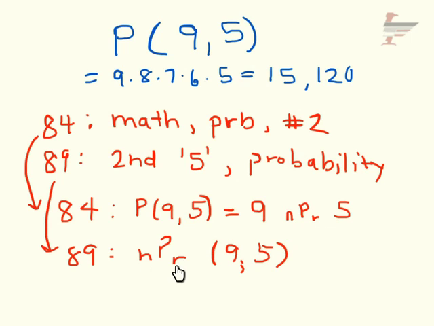When you select that, it'll give you an open parenthesis and you type in 9, comma 5, and your comma is above 7, and then make sure you close that parenthesis and you should also get 15,120. Now obviously if you are getting error messages or not finding things, please make sure you ask me about this tomorrow, because it'll be a nice shortcut for you to get that answer.